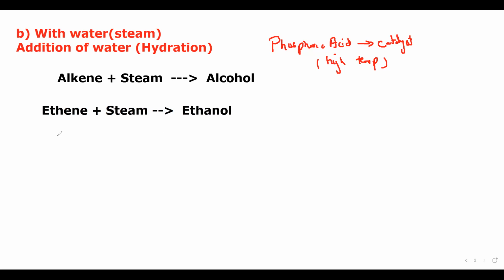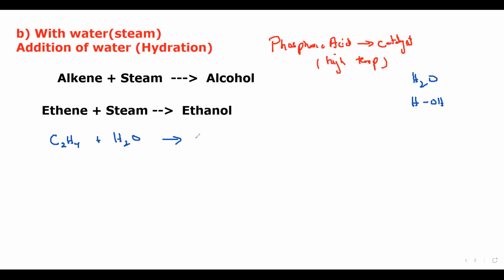In terms of equation, ethene means C2H4, and water means H2O, which also means H and OH.